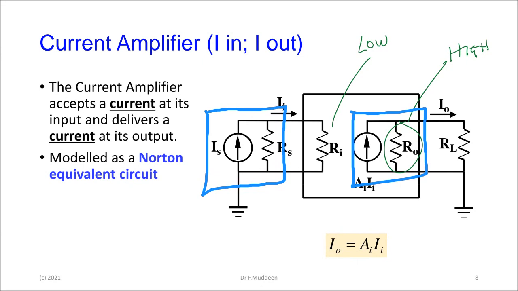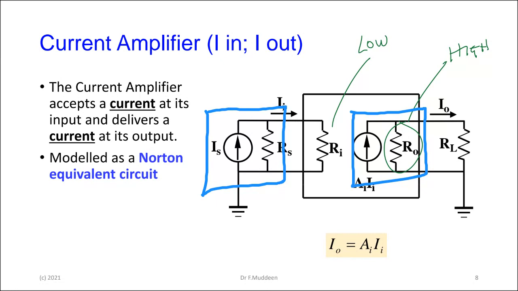For the current amplifier, you want the input resistance to be low, because you don't want any resistance to the input current coming into the device.